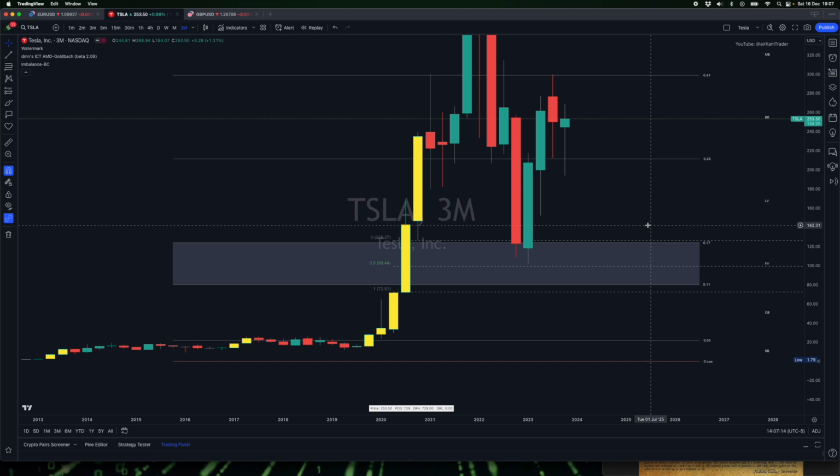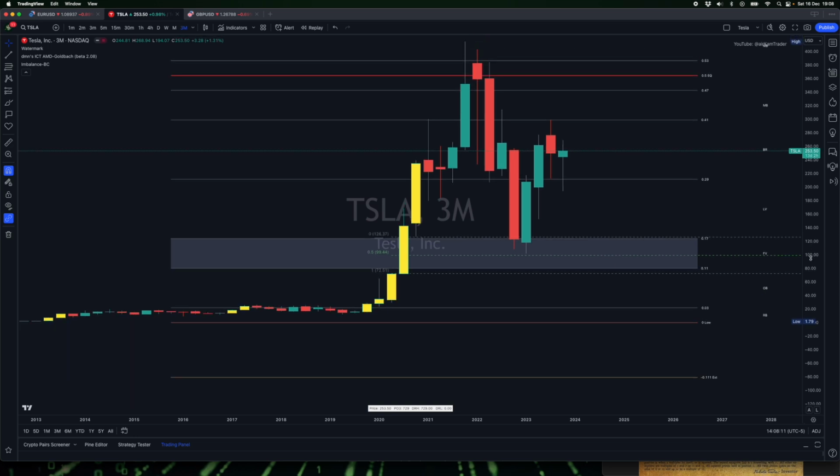Now, I no longer trade ICT methodology. I'm a Goldbach trader. Having a look at the consequent encroachment of this fair value gap, price missed it. Right? Price missed this fair value gap, the consequent encroachment, but it retraced higher.